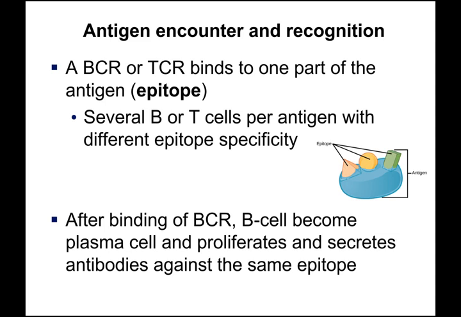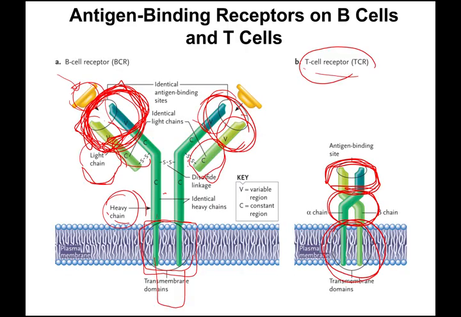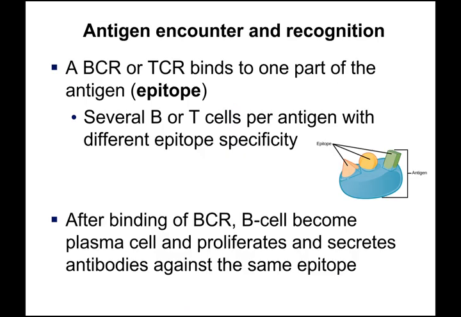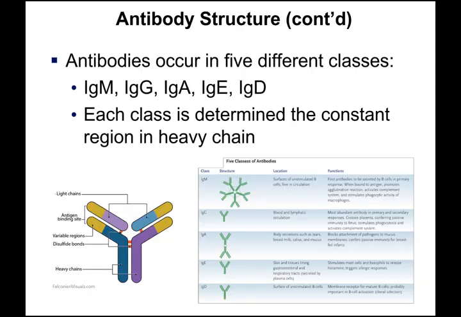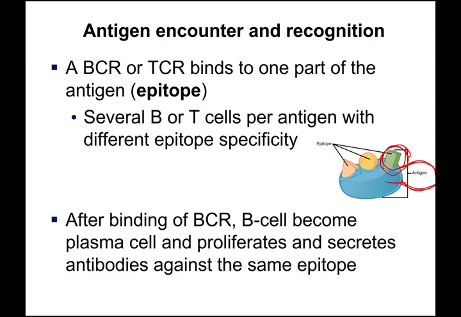Now, when it comes to these receptors, these variable regions here, the receptor will sense only a specific part, will be specific for a specific part of an antigen. So imagine this antigen being a glycoprotein in a pneumonia bacteria. You would have some receptors that recognize this part right here.